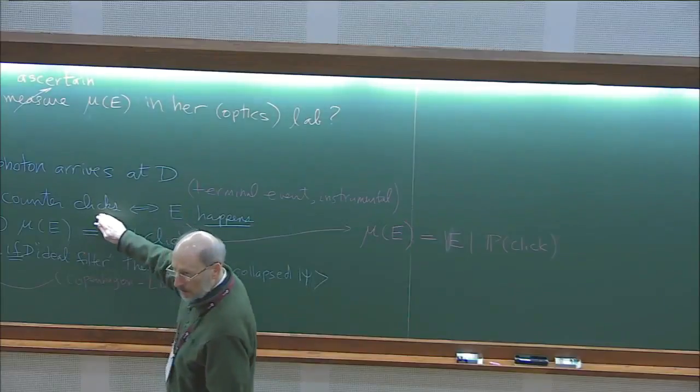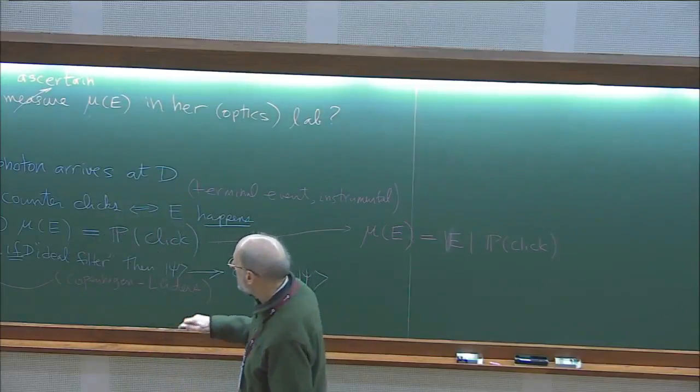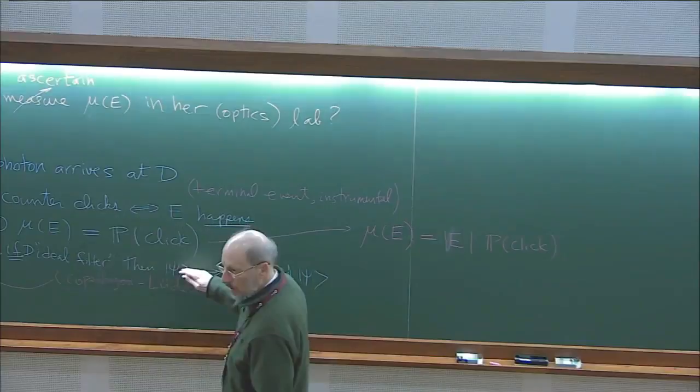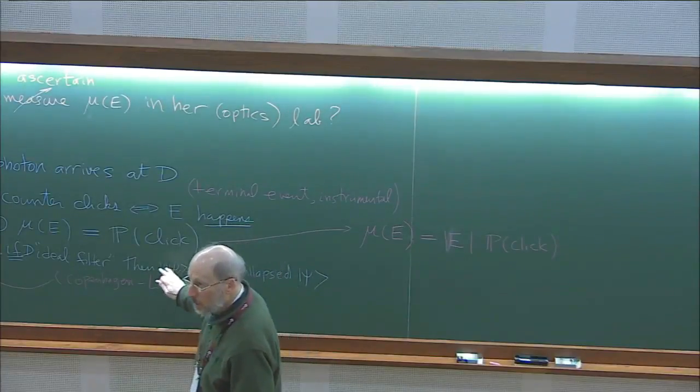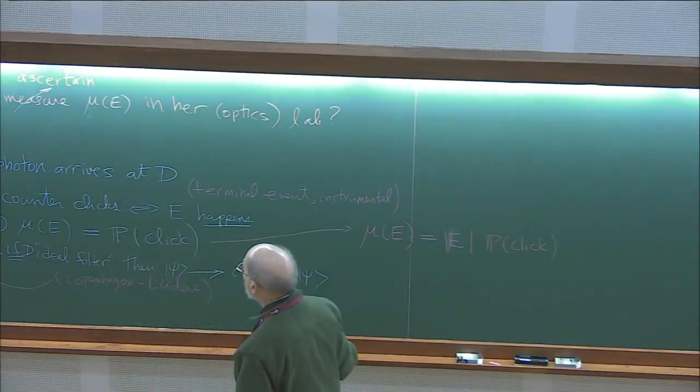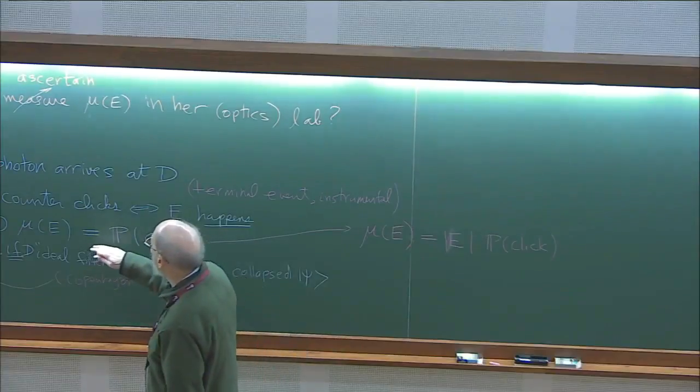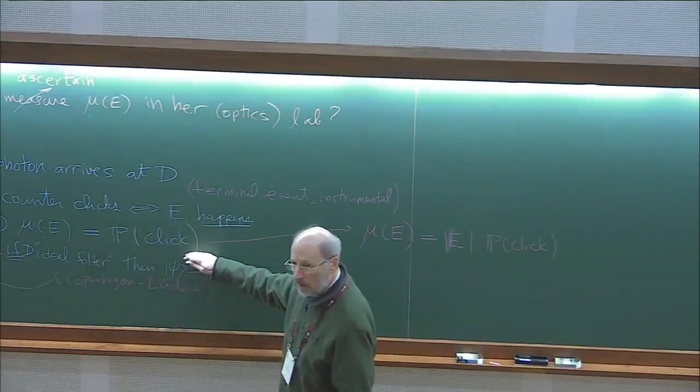If the counter doesn't click, you learn just as much. Then you project onto the orthogonal complement of the state psi for which the counter was looking. That piece will not find an analog in this setup.